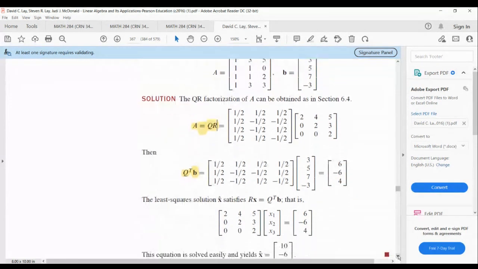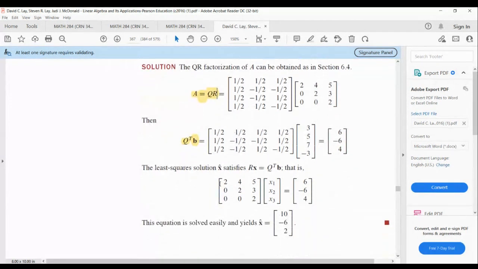And so now you're solving the system R times X equals Q transpose times B. And you see how easy that is to solve? You see how simple that is? Because the matrix R is upper triangular. And so that's another way to get your least squares solution.